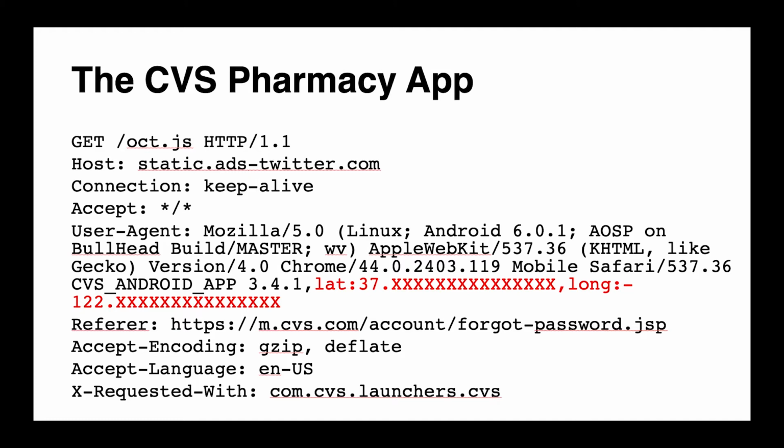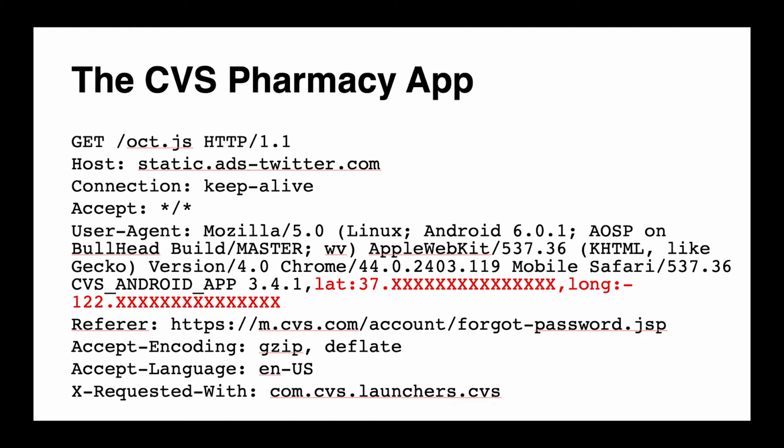But what was happening here is that the user agent string, which describes the version of the browser, which in a web view you can set to mimic different browsers, had GPS coordinates added to it by whoever wrote the app. That meant any third-party content loaded from that web page would also receive headers that included this user agent string, including the GPS coordinates, which is how it was being sent to 40 different third parties.